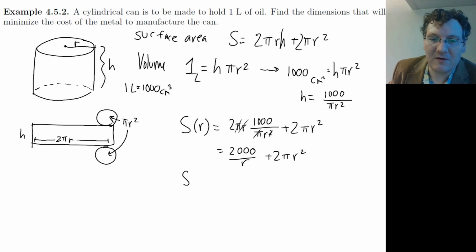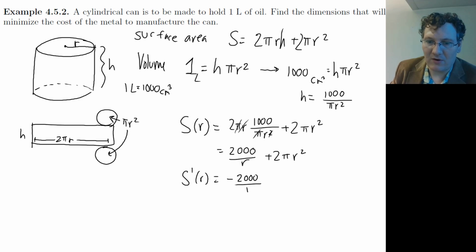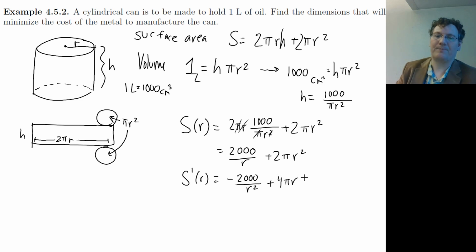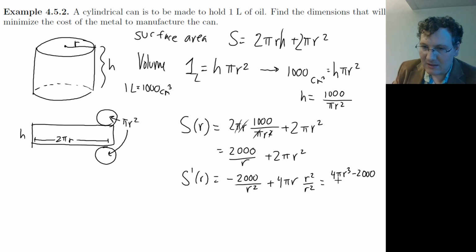Let's find the derivative of the surface area. That's going to be negative 2,000 over r squared plus 4 pi r. To get common denominators to find out when this thing equals 0, I'm going to multiply this by r squared over r squared. And what I'm going to get then is 4 pi r cubed minus 2,000, all over r squared.